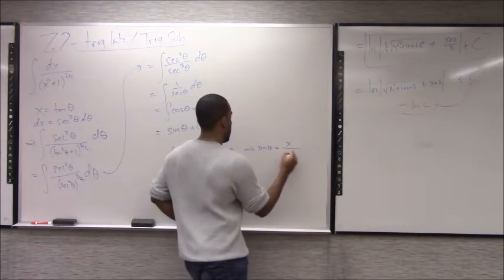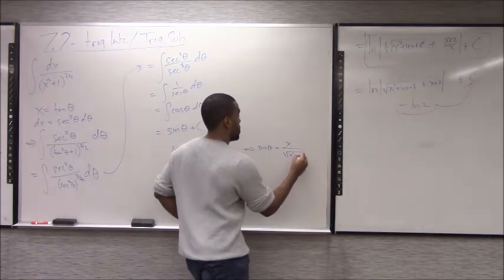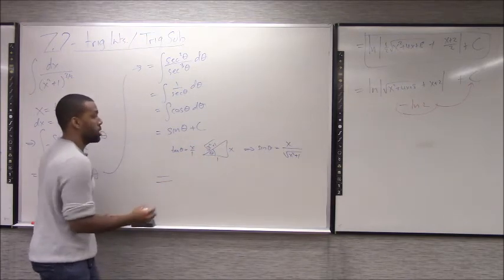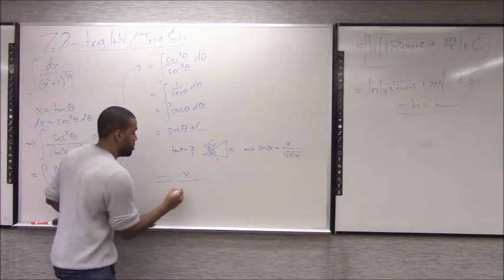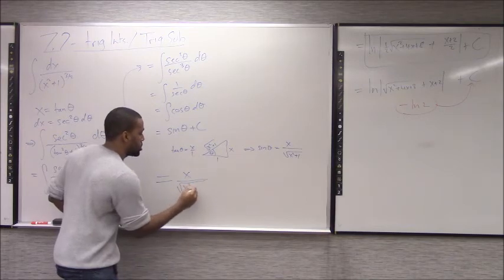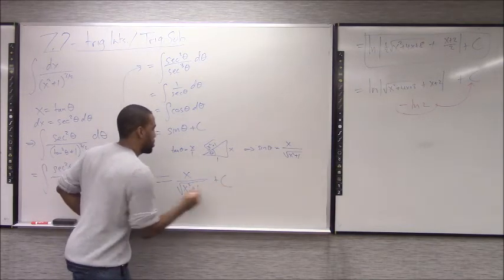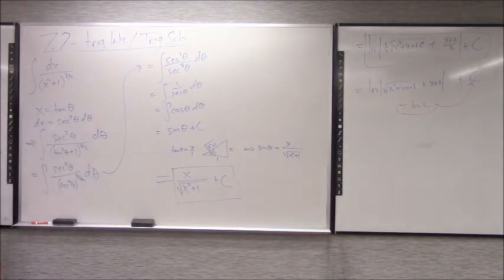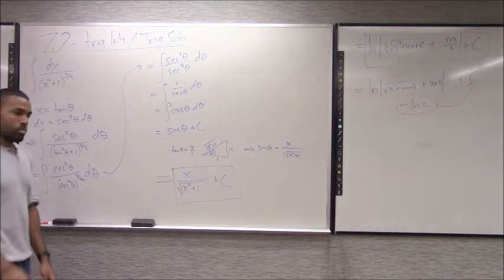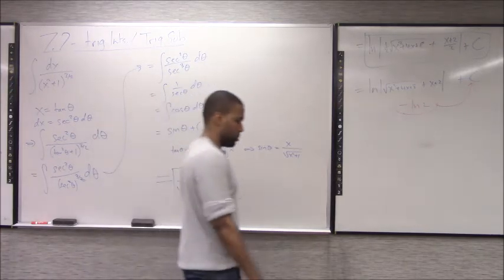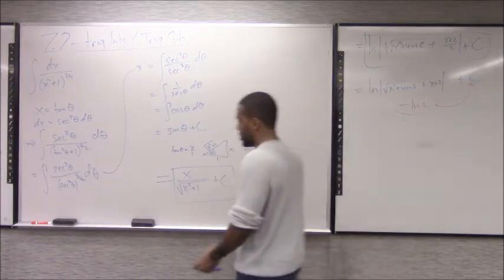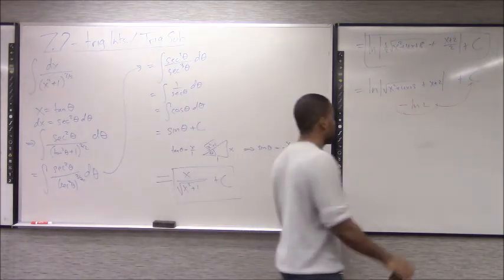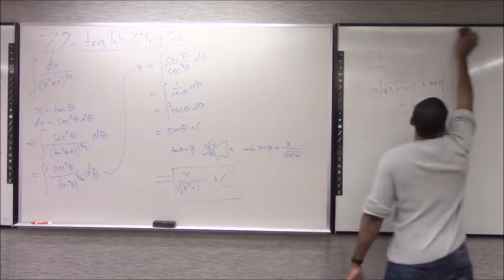So ultimately the answer becomes x divided by the radical of x squared plus 1. And so that's an example of where your hyperbolic trig functions might not have been the best thing to do.